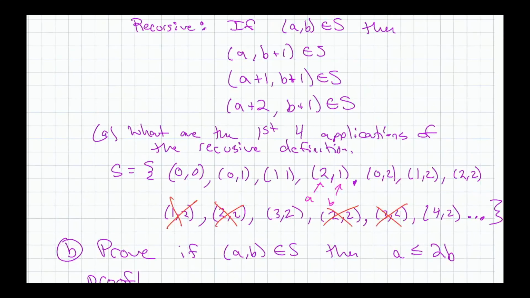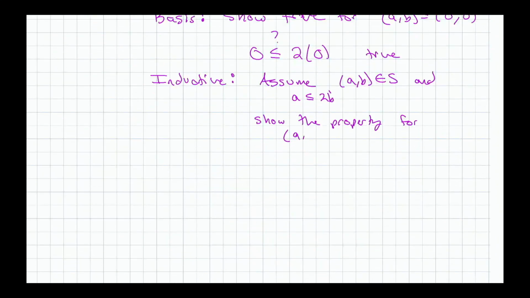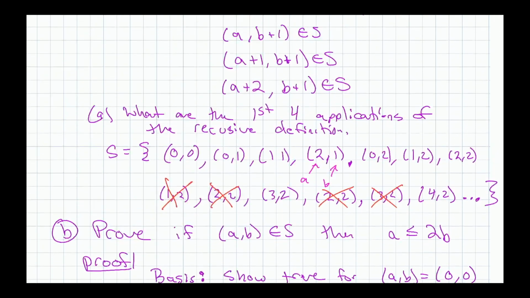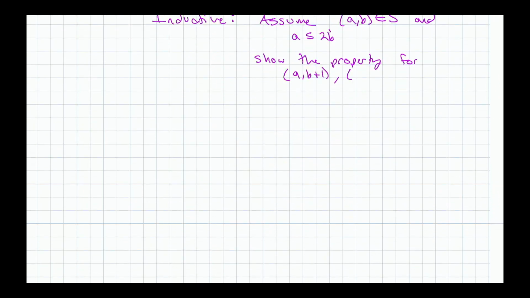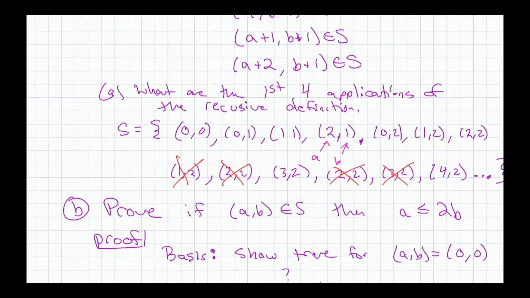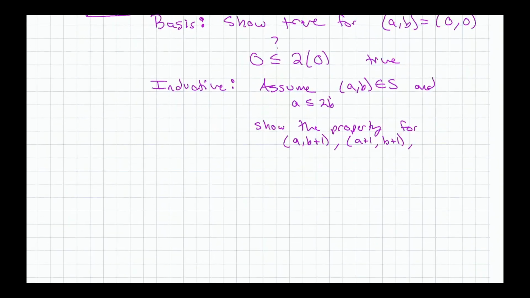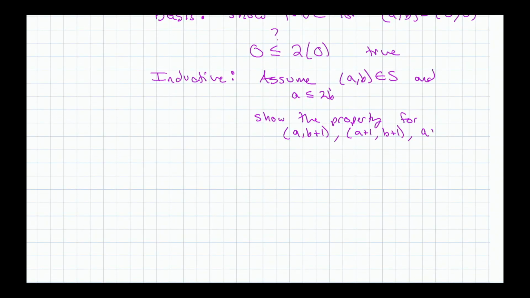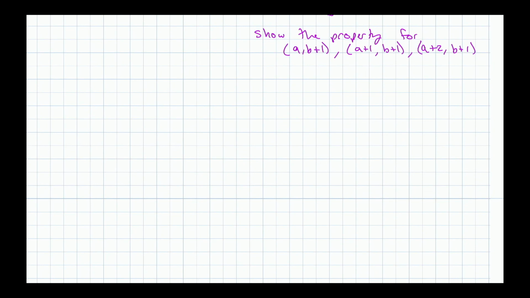They were (A, B+1), the other one was (A+1, B+1), and then (A+2, B+1). So that's what we need to do. You're just going to have to do those each separately.